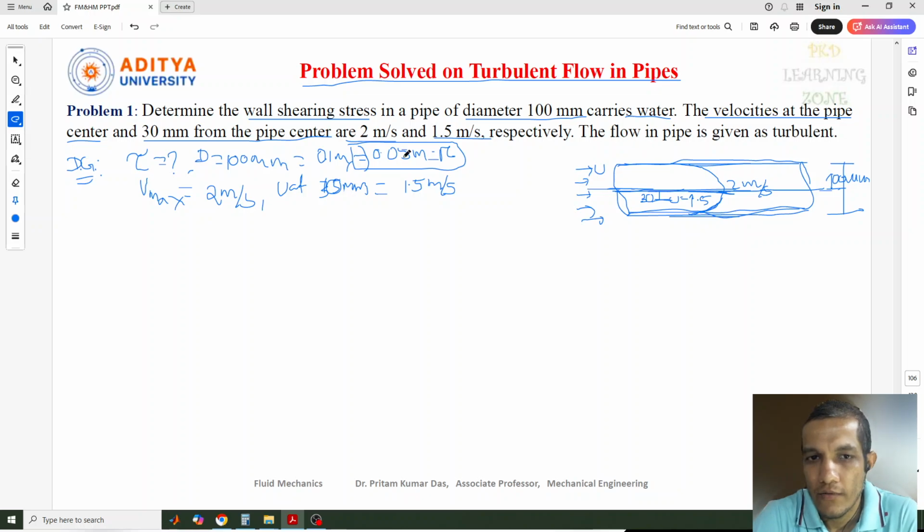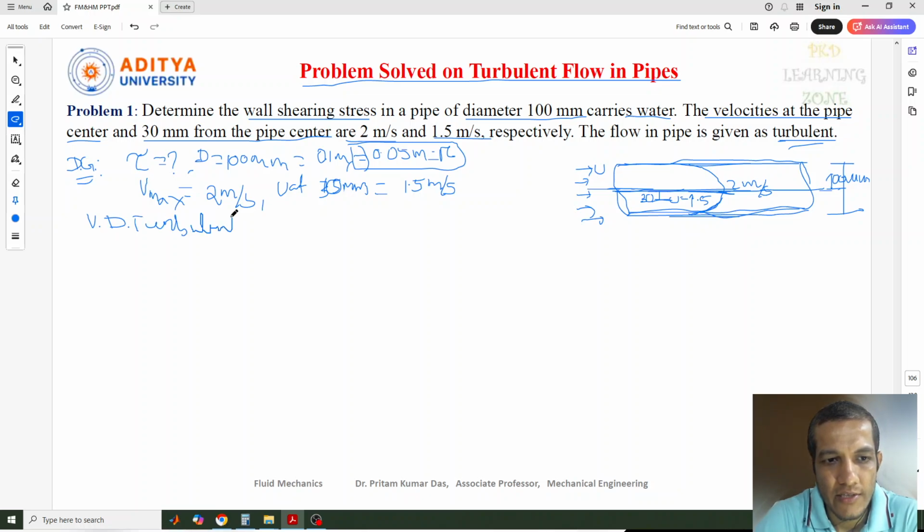To calculate this wall shearing stress, we need to use the turbulent flow condition. We have already derived the equation for the velocity distribution for turbulent flow in our previous video. If you have seen that, you can identify the equation. The velocity distribution for turbulent flow in terms of the maximum velocity, local velocity, as well as the shear velocity.